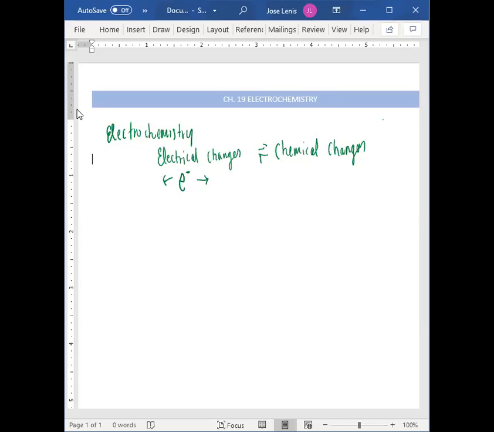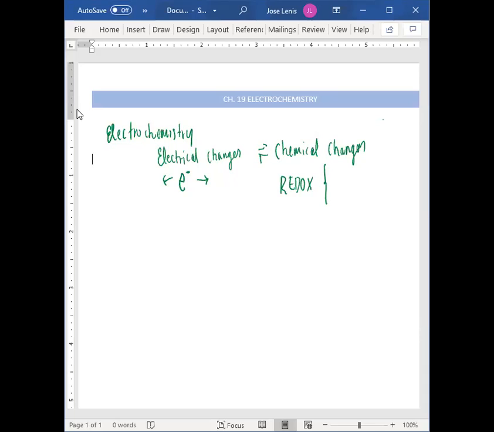And those chemical changes, you know very well. Redox. Redox chemical reactions. So let's remember what is that.